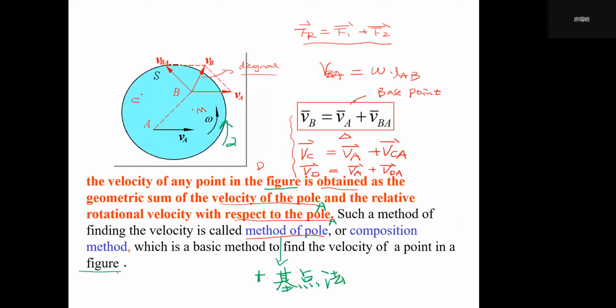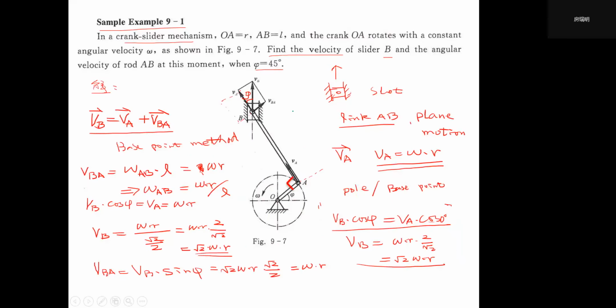Actually, this is a plane figure. It has a complicated movement. That means it has a plane motion, right? That's our final conclusion. That's our ultimate method to tackle some problems, right? Maybe we will see some examples. Let's see this.